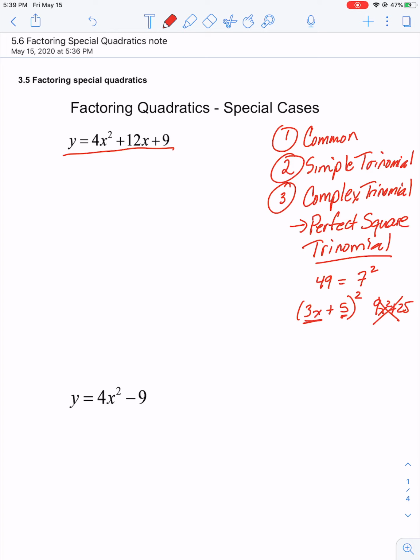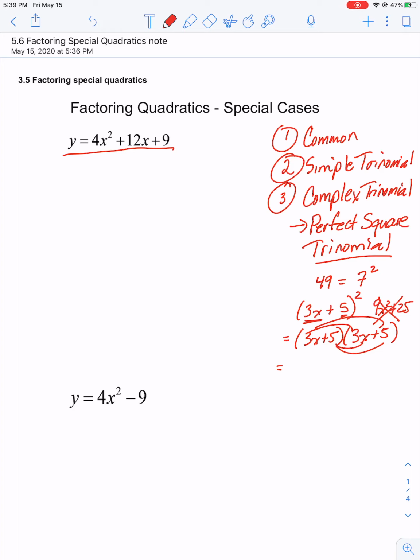Bada boom, bada bang, there's your answer. Well, actually, that's wrong. Because 3x plus 5 squared means 3x plus 5 times 3x plus 5, which means you've got to expand this out like you would any other binomial times a binomial question.